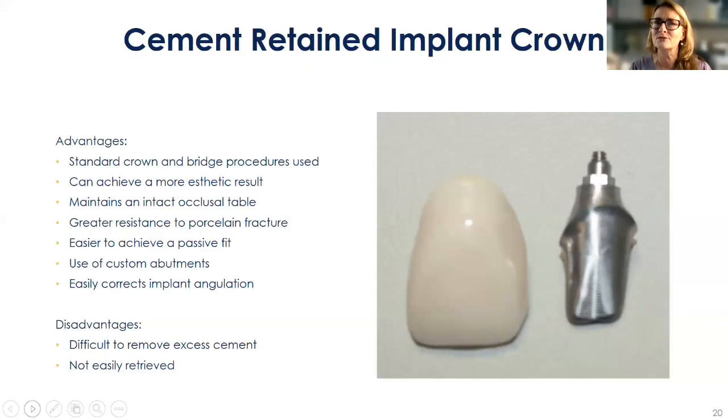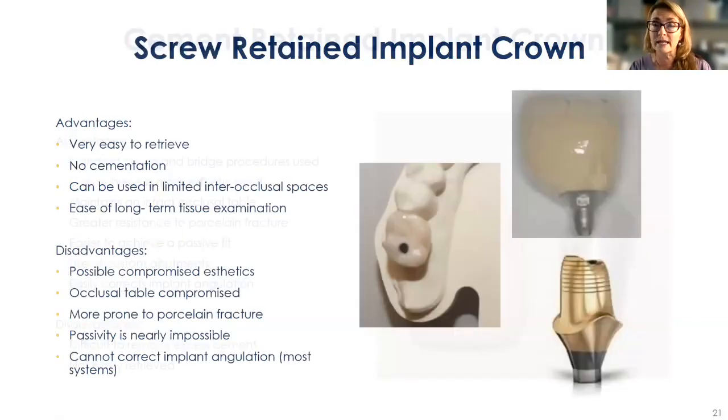So there's 2 different types of implant crowns that the laboratory can fabricate, really 3: cement retained crowns, then there are screw retained crowns, and there's screw cementable crowns. The screw retained crown seems to be what's most popular right now. It has sort of gone through flux over the years.